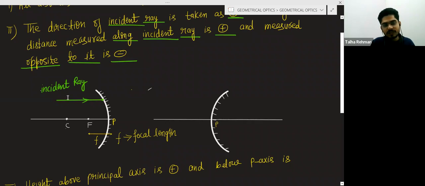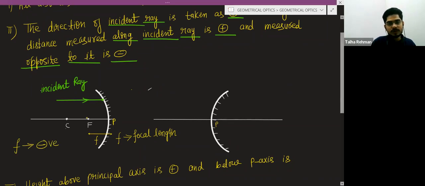The direction of the incident ray is this, but you are measuring the distance in the opposite direction, so this focal length f will become negative.